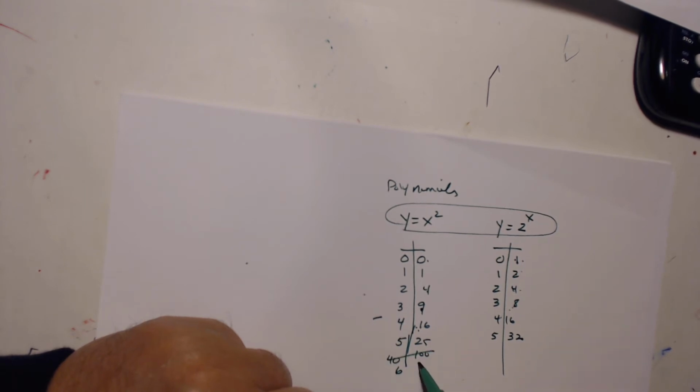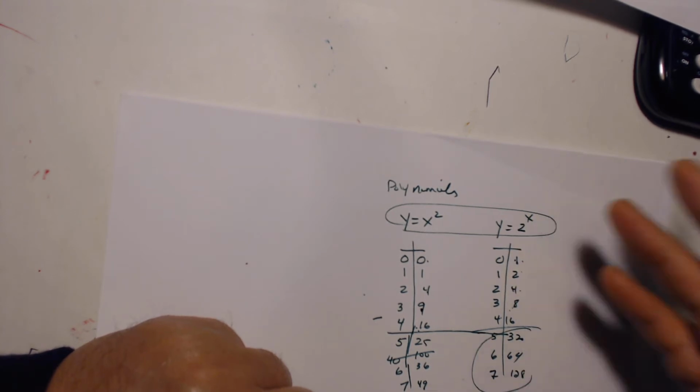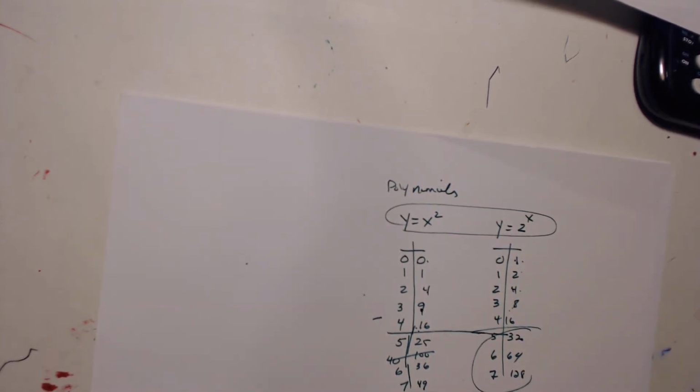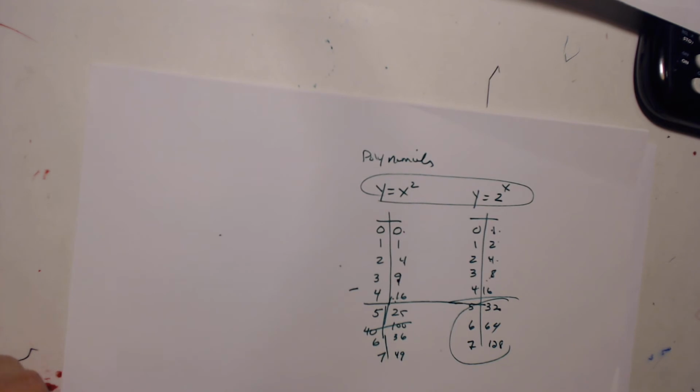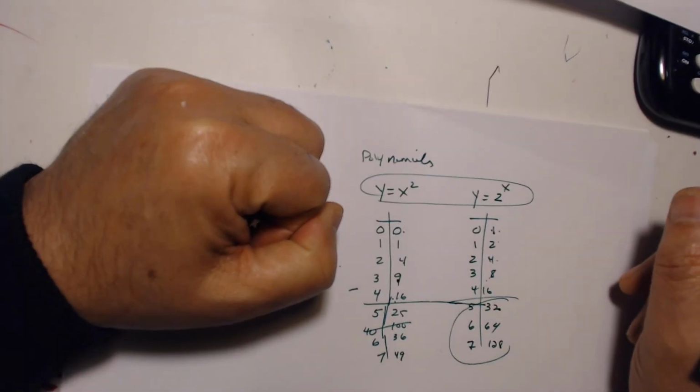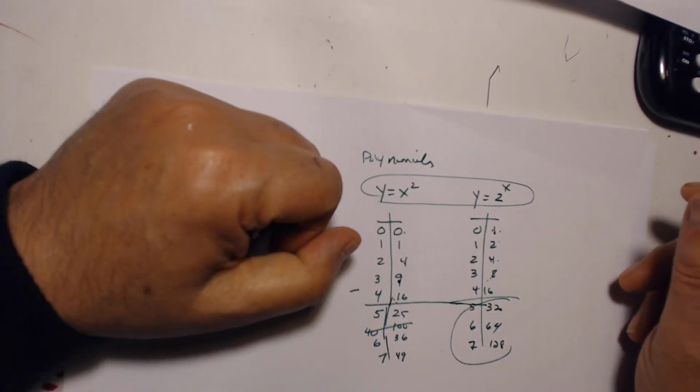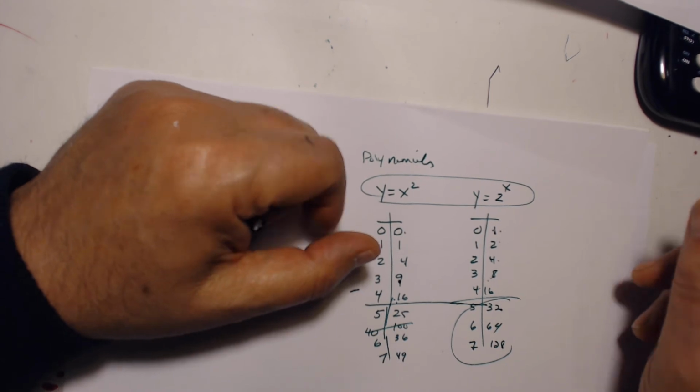Sixth round, it is 36 versus 64. Seventh, it's 49 versus 128. After the fourth round, the exponential function is going to beat the polynomial in a matter of a second. Up to the fourth round, they switch.